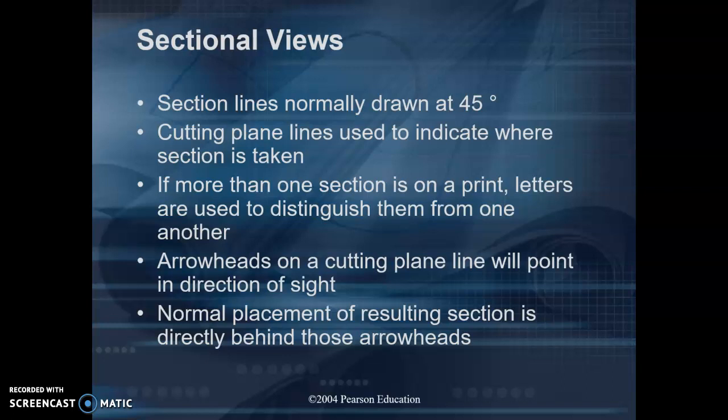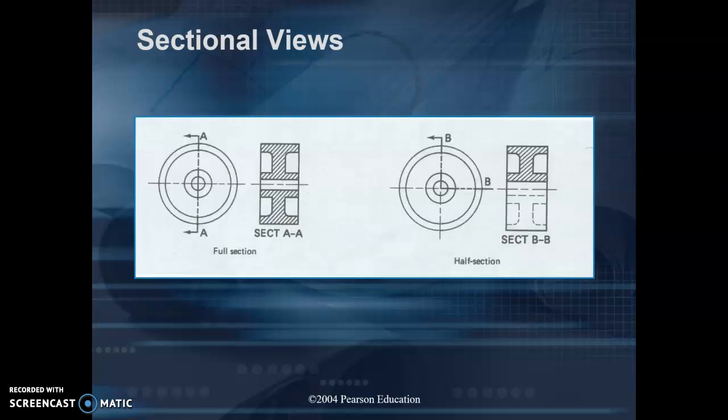But in most cases, the cutting plane line is shown with arrows indicating the line of sight, the direction in which you are looking after the part has been cut open. And the cutting plane line is also usually labeled with letters so that you can see the corresponding section view elsewhere on the page. So here are a few examples of a full and half section.